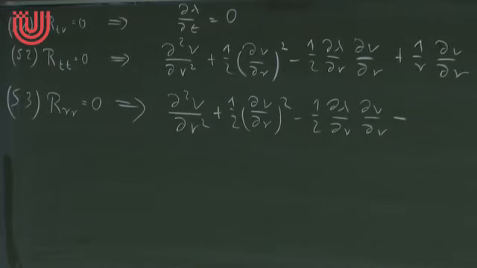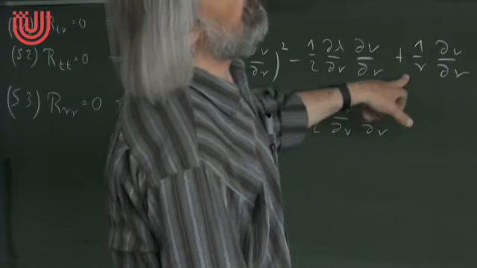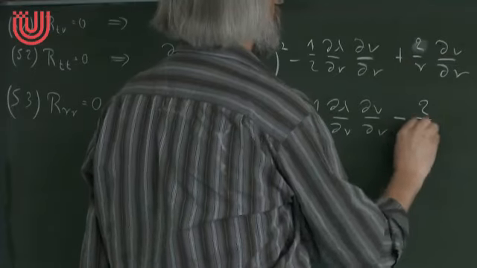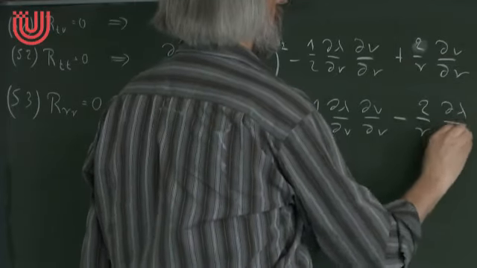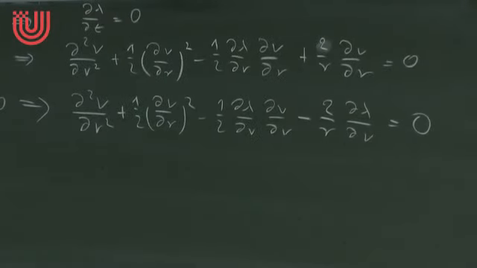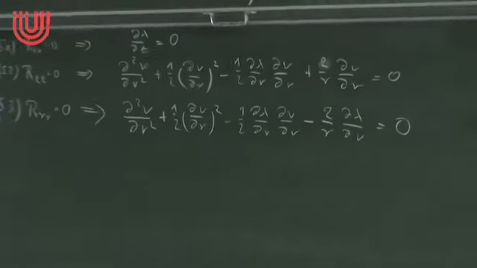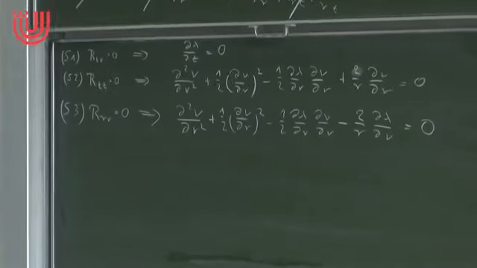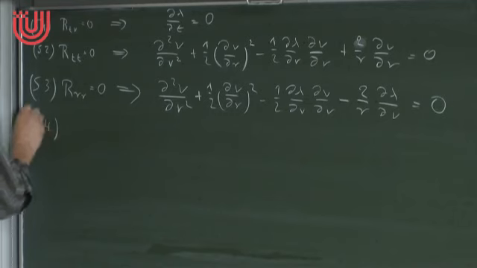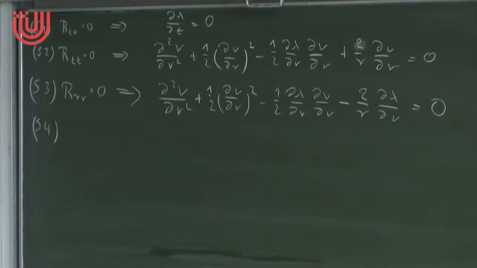Oops, I forgot a 2 here. I had to multiply everything with 2, so I get here also a 2. It should be the same factor in both equations. So I hope now all the factors are correct. I will check the equations in a minute with my notes, because if they are wrong, we will never get the Schwarzschild metric.